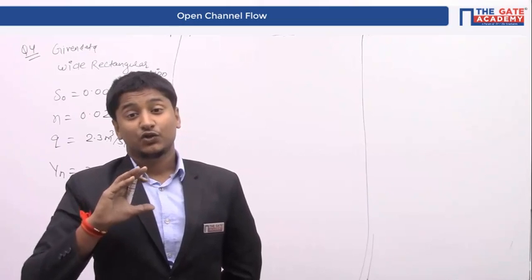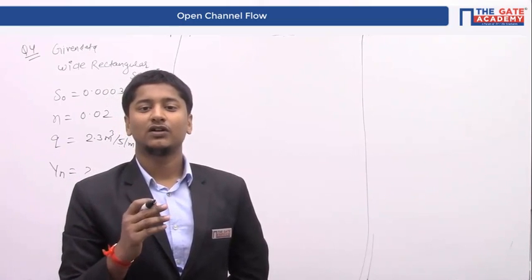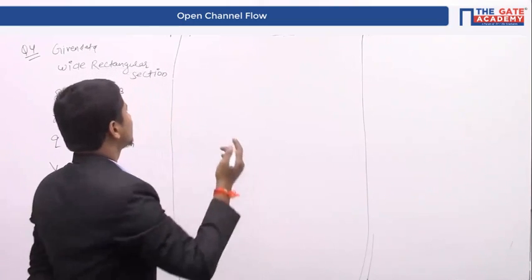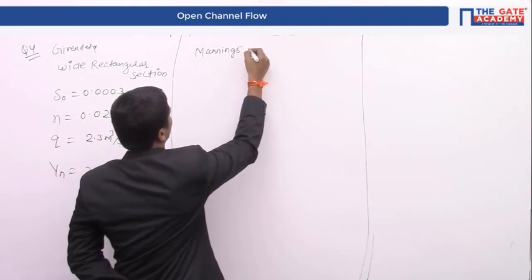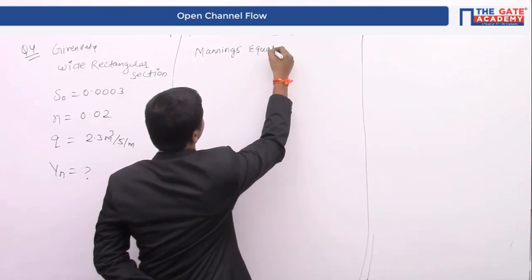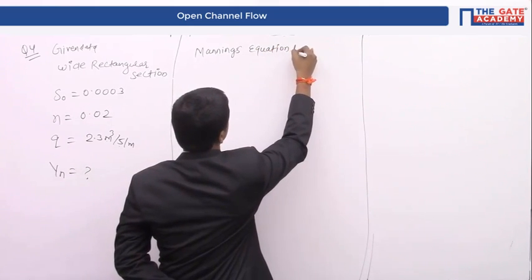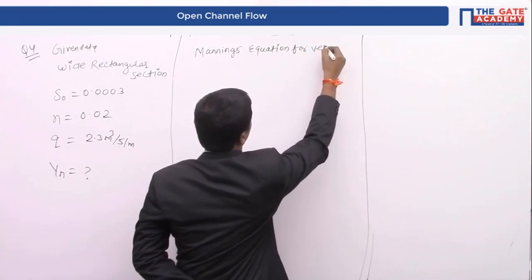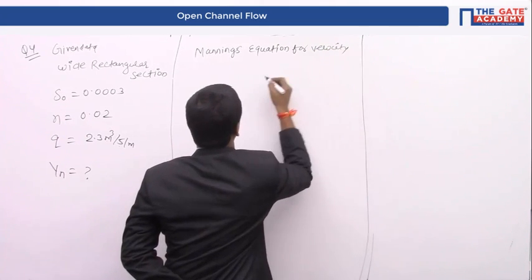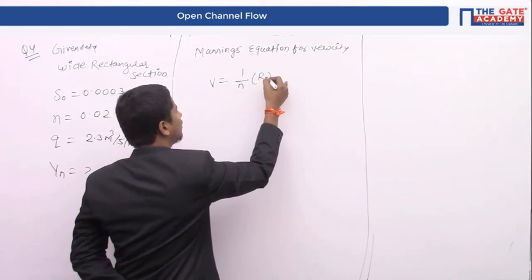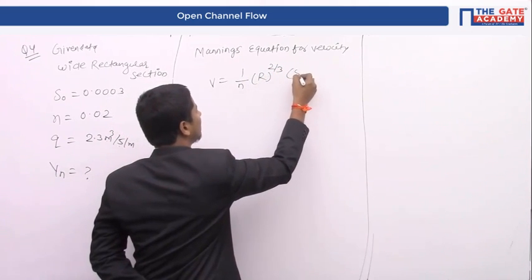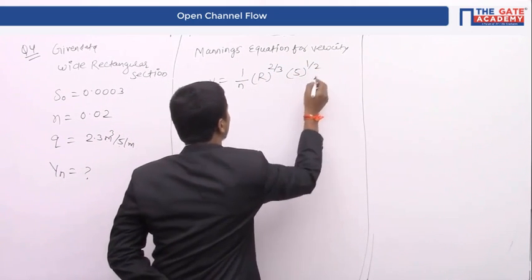And to use that Manning's equation, first you have to write what is the Manning's equation. So Manning's equation for velocity, that is V equal to 1 by n R to the power 2 by 3 S to the power 1 by 2.